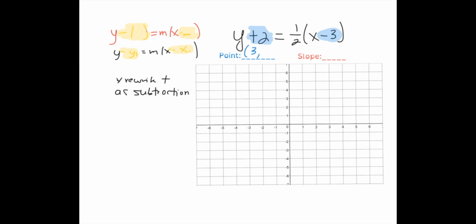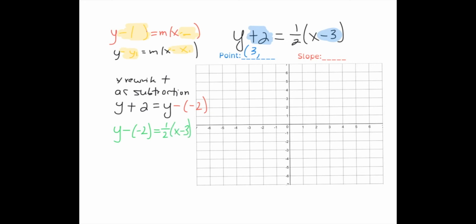And the general idea is if we have a number plus another number, we can change that to a number minus a negative number. So in this case, I could rewrite our original equation as y minus negative 2 equals 1/2 x minus 3.